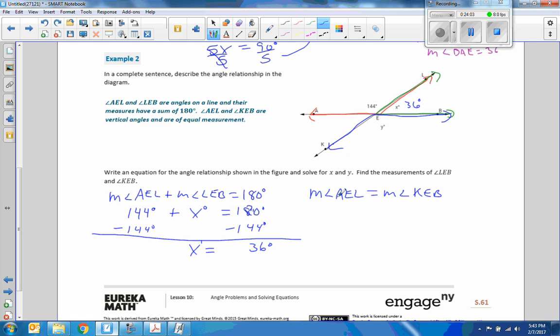The measure of angle AEL is 144 degrees, and the measure of KEB is y. So y is 144 degrees, and x is 36 degrees. So we found the measure of angle LEB because that's our x. That equals x. So LEB is 36 degrees, and the measure of angle KEB is my y, and that is 144 degrees.